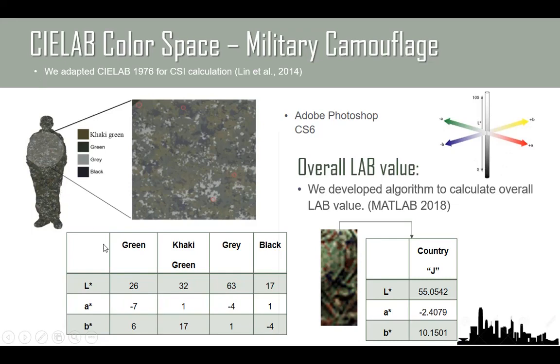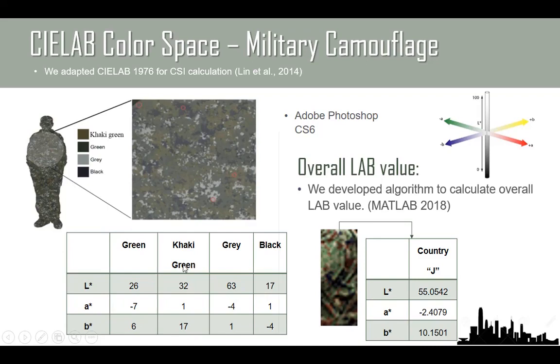For example, this camouflage has four different colors: green, khaki green, gray, and black. Each color has its own LAB values. For example, the green is 26, -7, and 6. This is why the colors are different, because the LAB values are different.